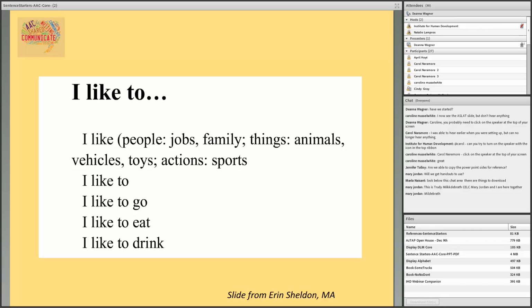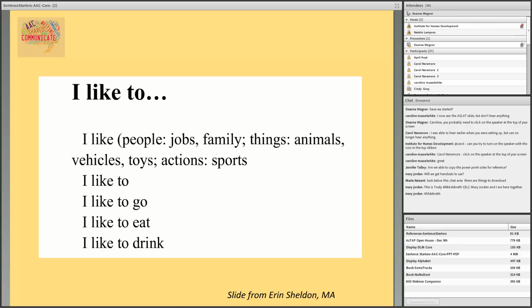So when we're making a comment about who I like, it gives them a chance to see that model. So we have the simple sentence frame of I like followed by a noun, but if we add the word to, now all of a sudden we have a way to put in more actions.